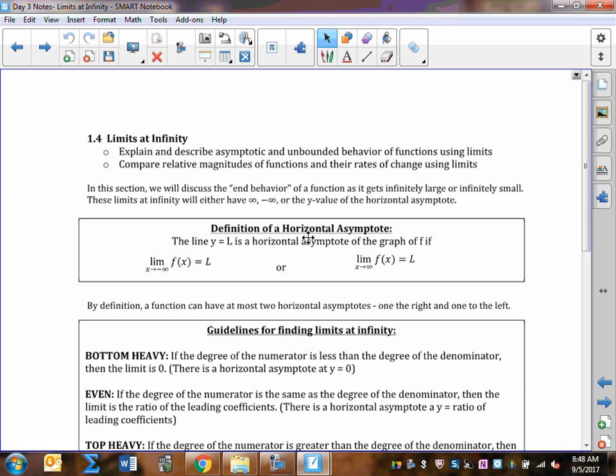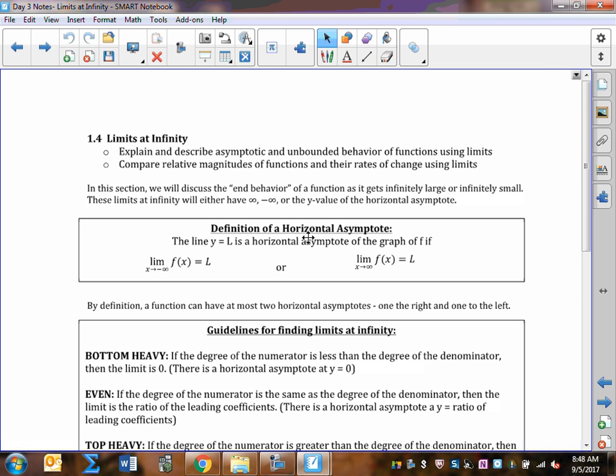All right. So limits at infinity. Again, we've already kind of talked about this, but we looked at it more so with graphs. Not so much algebraically. Today's kind of looking at it algebraically. Now, limits at infinity really comes from the horizontal asymptote. In fact, the horizontal asymptote is defined as if my left end behavior, or the limit as x approaches negative infinity, approaches a single value, then that's the horizontal asymptote.